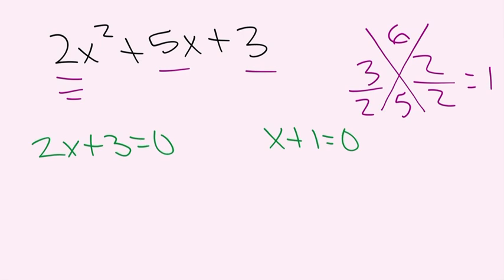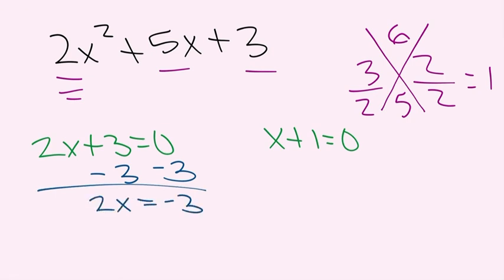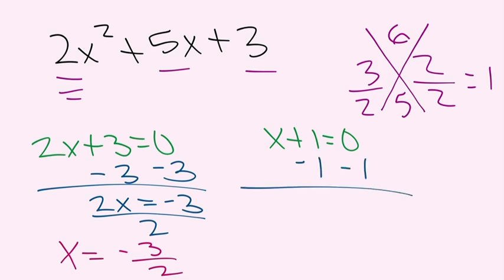So we're going to subtract 3 from both sides, which would mean 2x equals negative 3. Then we divide by 2, which means x equals negative 3 over 2. I subtract 1 from both sides, which would be x equals negative 1. And those will be your answers.